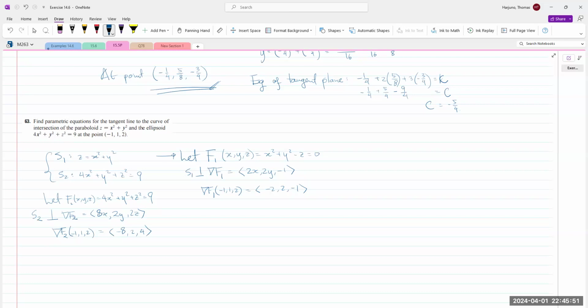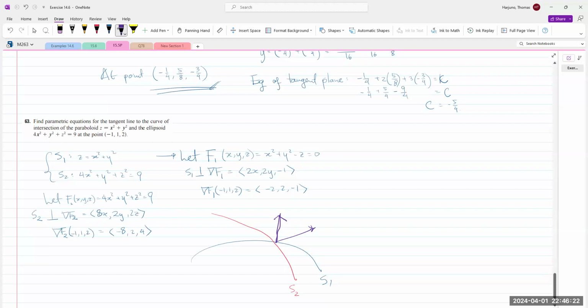Now think of it this way. One surface, call this S1, has a normal vector at that point like this. Now another surface has a normal vector, let's say it looks like this.